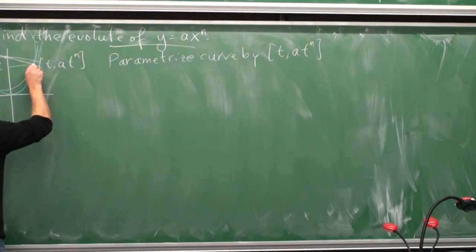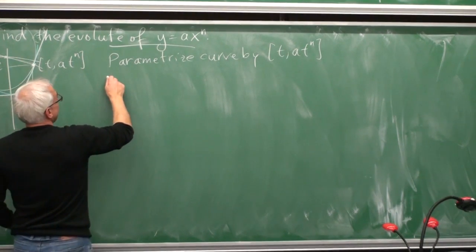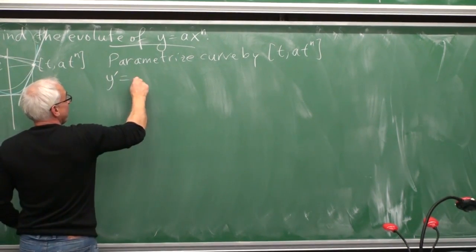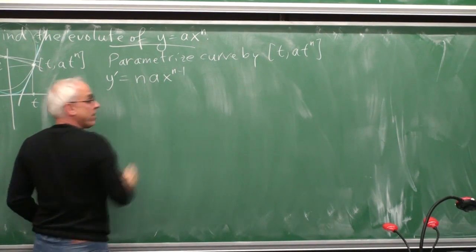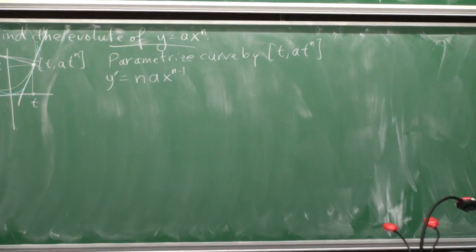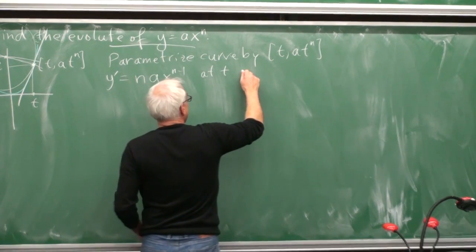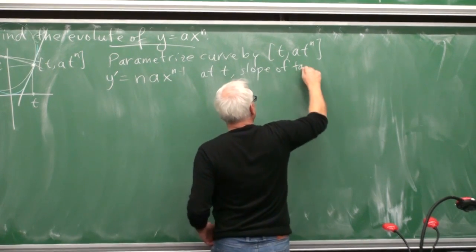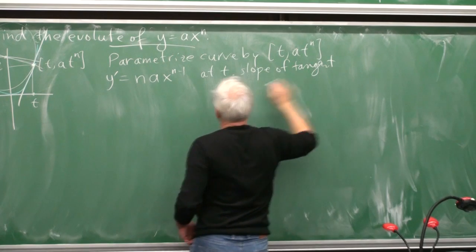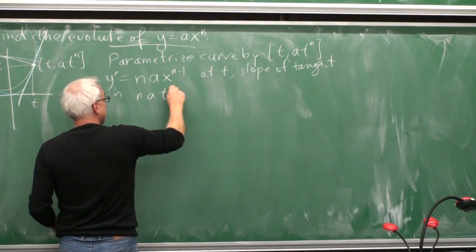And the derivative gives us the slope of the tangent. Okay, so if we differentiate, y prime equals n a x to the n minus 1, that's the derivative. And so at t, the slope of the tangent is n a t to the n minus 1.